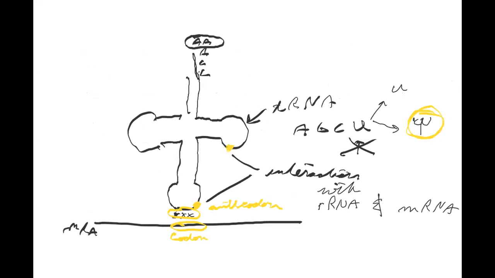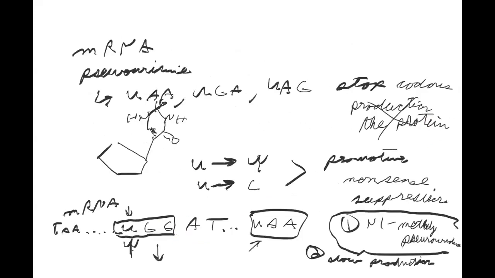Then I described how pseudouridine can be used to prevent the probability of a nonsense mutation. It's preventing the production of a stop codon. This is part of the reason why the methyl pseudouridine was used in the messenger RNA platform, but it's also to help slow the production down. Those aren't the only two reasons.